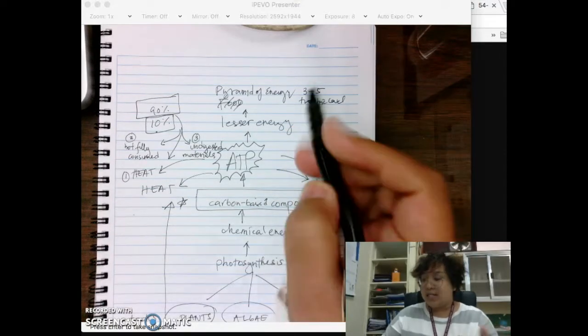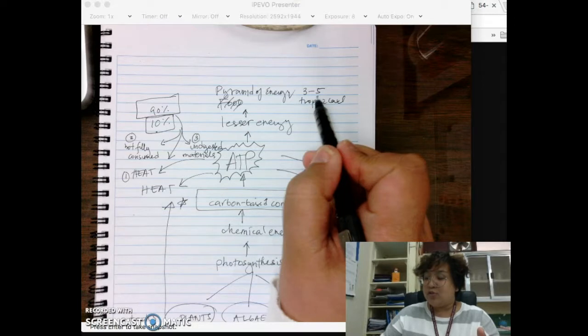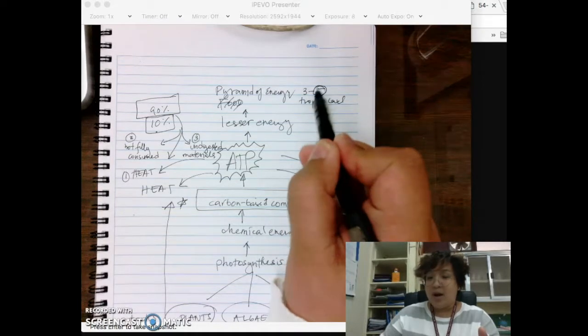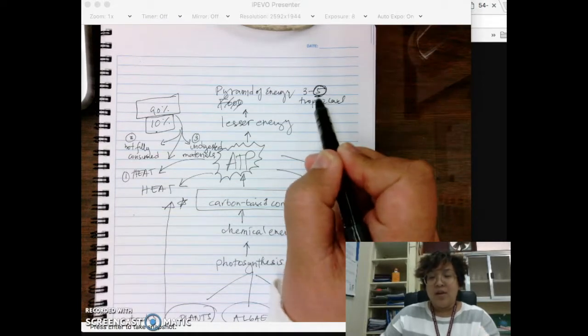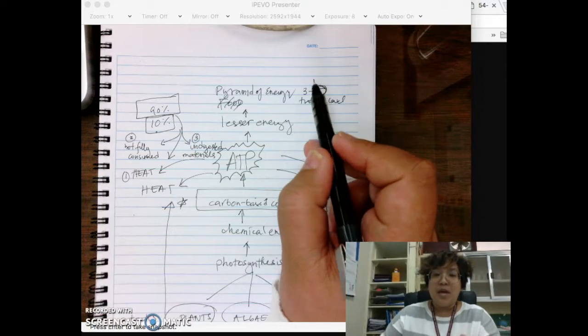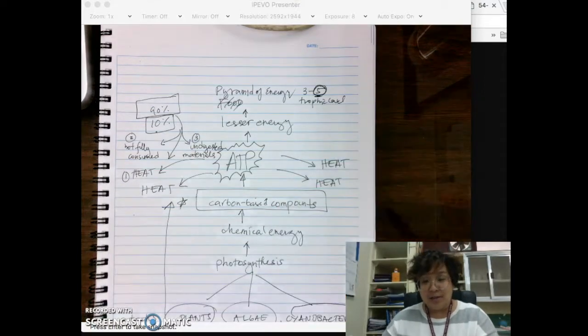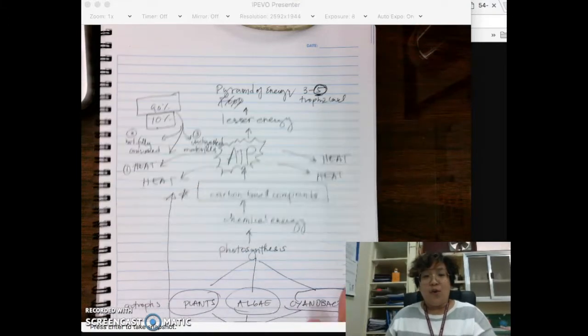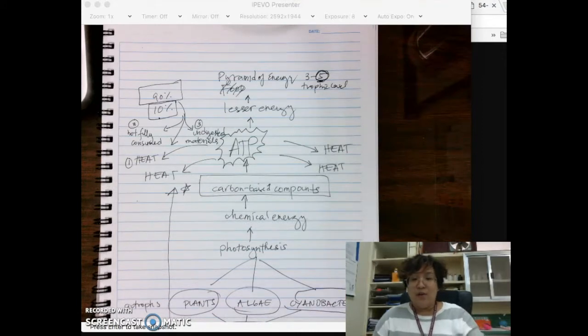The reason is, if you have another consumer that will prey upon that 5th trophic level, there would not be enough energy for that next organism to be able to get all its energy needs. So this is 4.2, energy flow in the ecosystem.